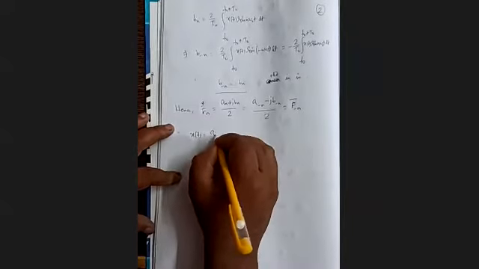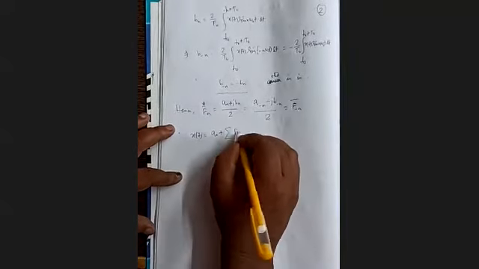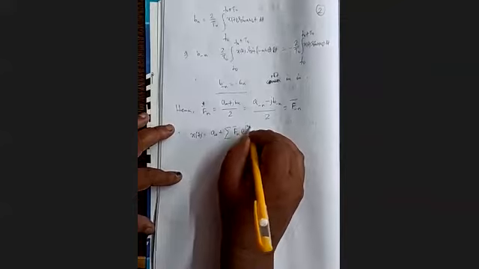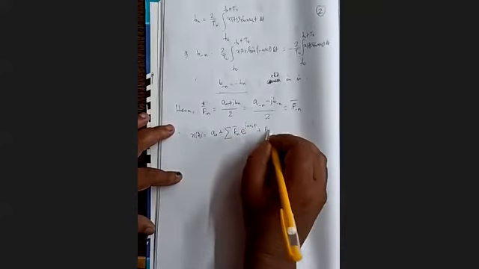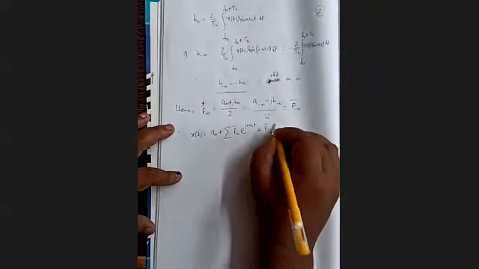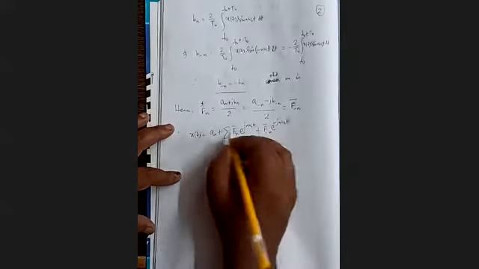Therefore, x(t) equals a0 plus summation of Fn bar e to the power j n omega 0 t plus F minus n bar e to the power minus j n omega 0 t.